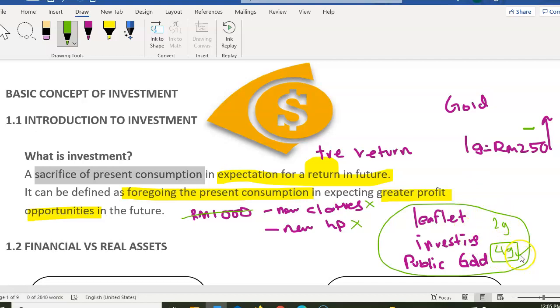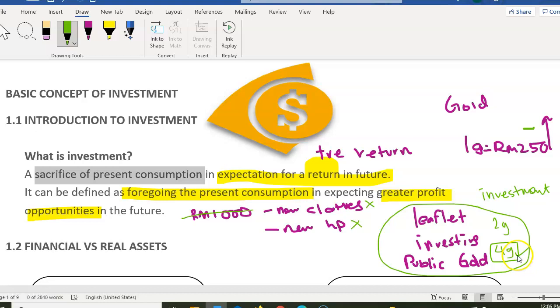So you are saving your money over here. Sebenarnya ini adalah investment. After 1 year, try to take a look. What happened to these 4 grams of gold? What happens to the prices? Normally it will tend to grow further and further.